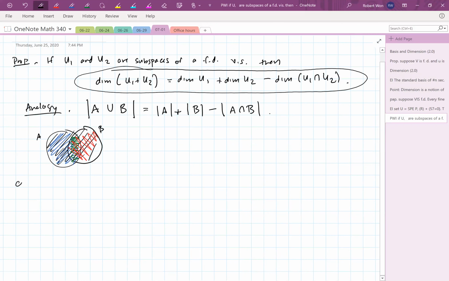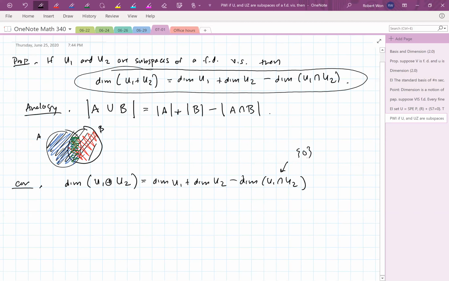Okay, another corollary of this fact is about the dimension of a direct sum. Well, that's just the sum, right? So it's this thing. However, if it's a direct sum, then U1 intersect U2 is just 0, which has dimension 0, right? So this whole thing is just the number 0. So this is just the dimension of U1 plus the dimension of U2.